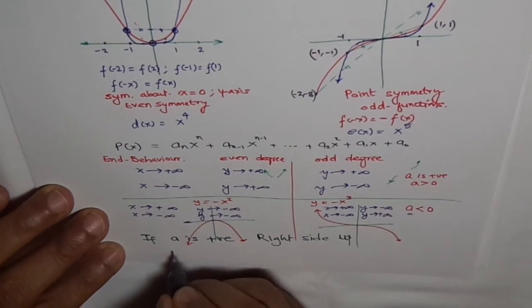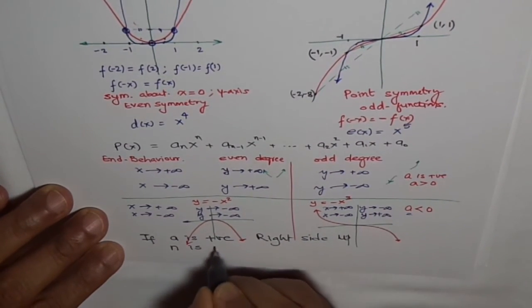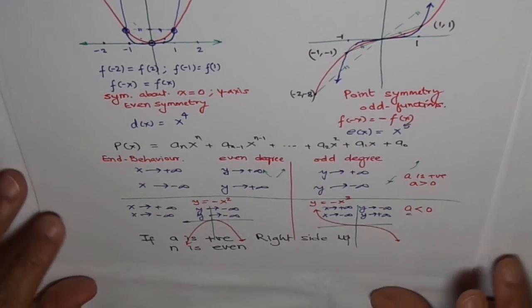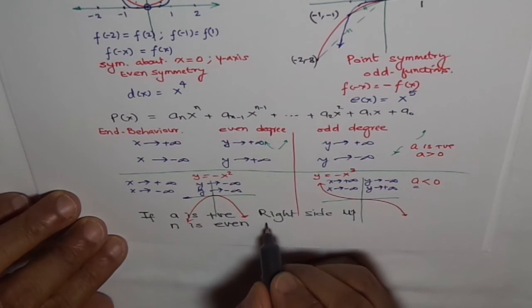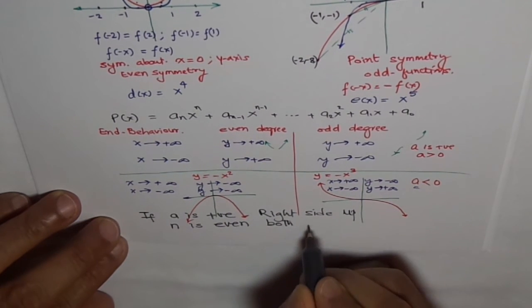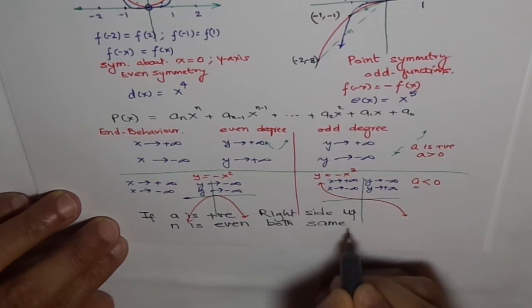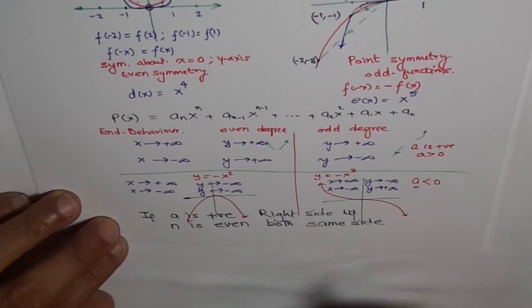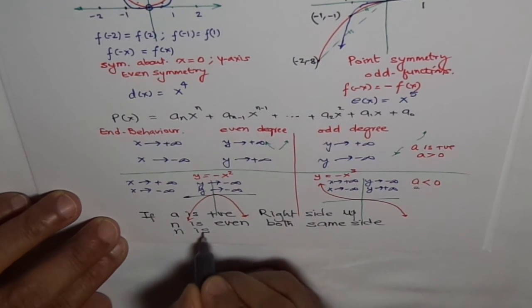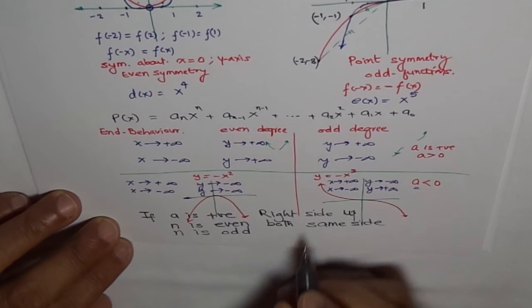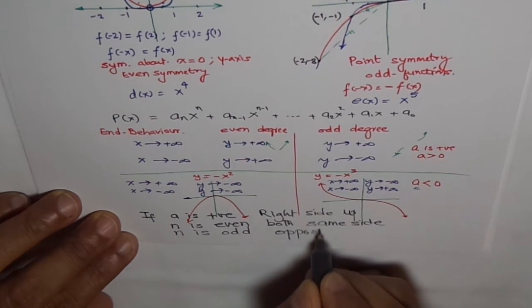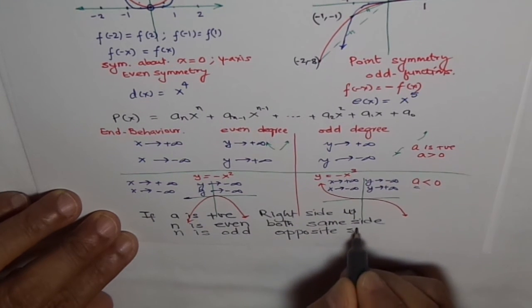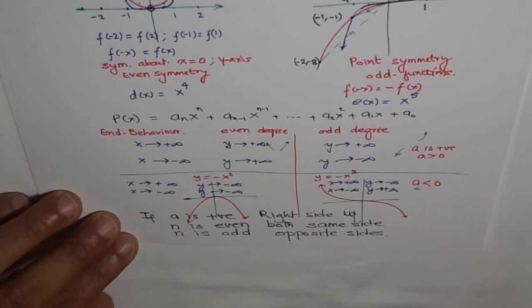Now second, if n is even, then what? If n is even, then both same side. And if n is odd, then opposite sides. You get it?